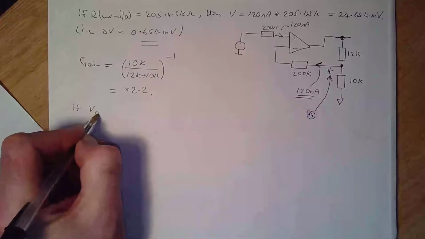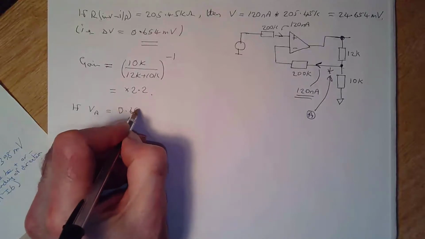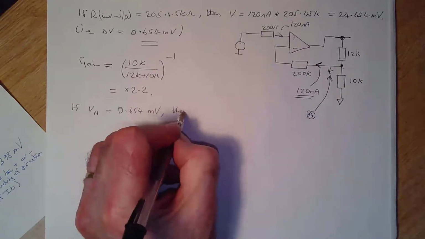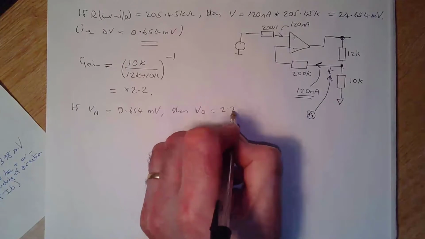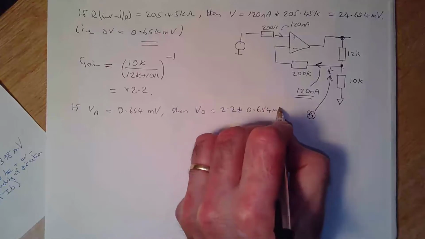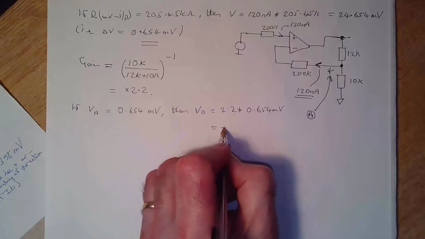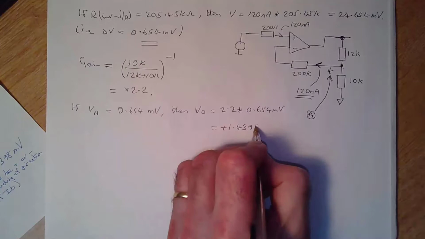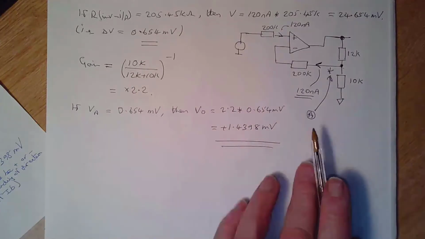If VA equals 0.654 millivolts, then Vout equals 2.2 times 0.654 millivolts, which equals plus 1.4398 millivolts.